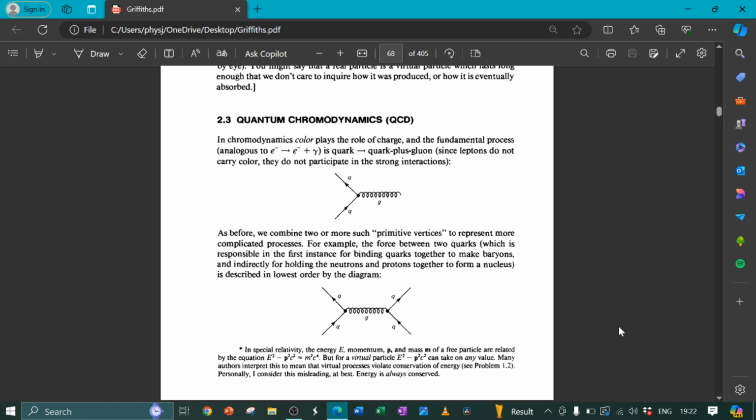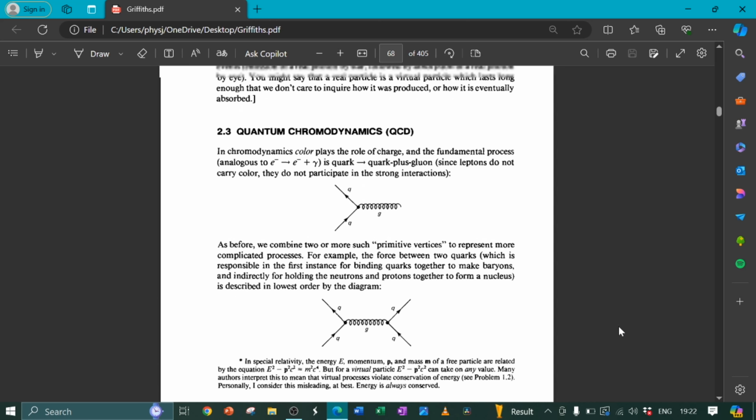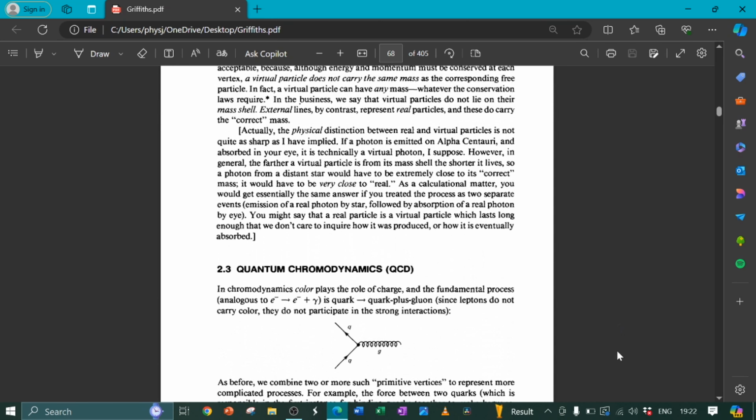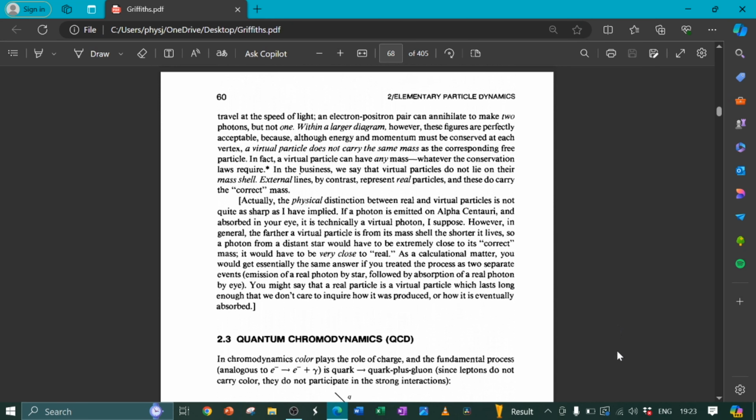See problem 1.2. Personally, I consider this misleading. At best, energy is always conserved.